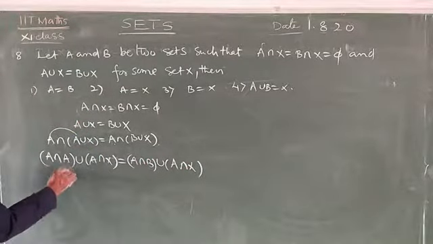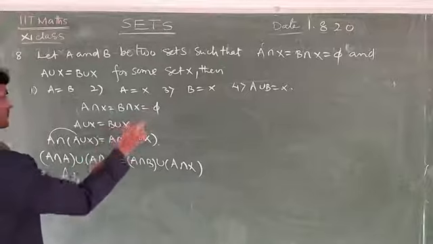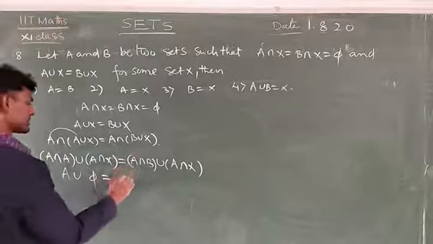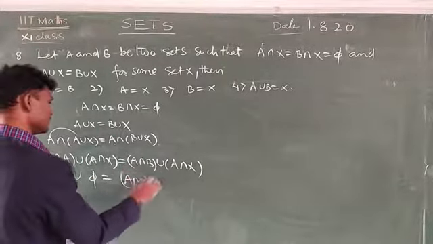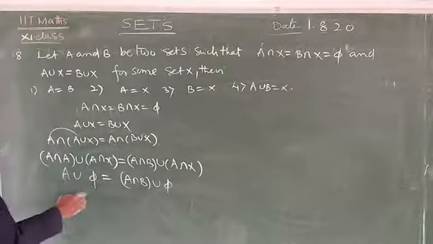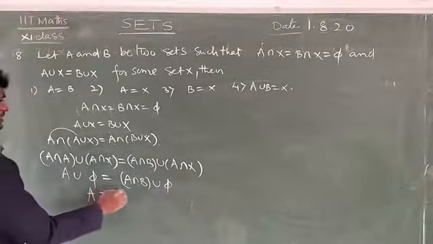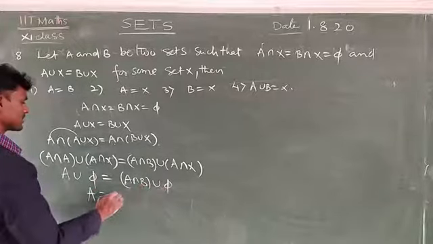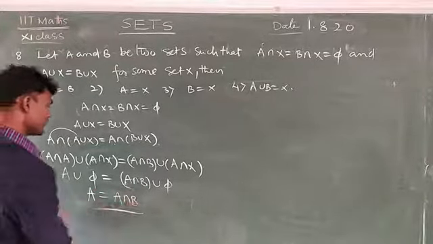A intersection A is A, so A union φ is equal to (A intersection B) union φ. Now A union φ is equal to A, so A is equal to A intersection B.